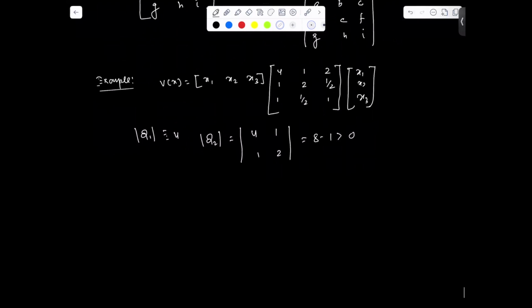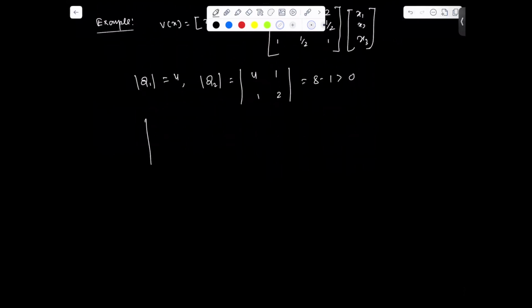And similarly, if you take the whole matrix determinant, which is 4, 1, 1, 1, 2, half, 1, half, 1, this is 5. So we can say that all the principal determinants are positive, and this is a positive definite function. Okay.